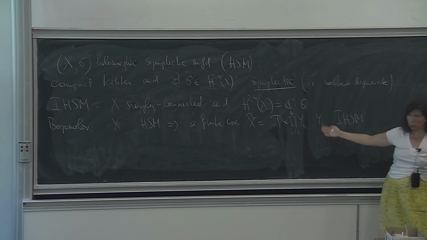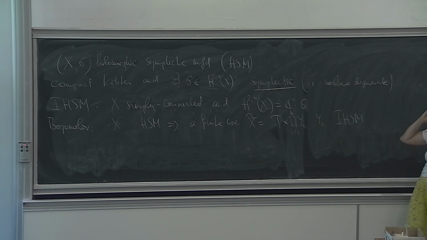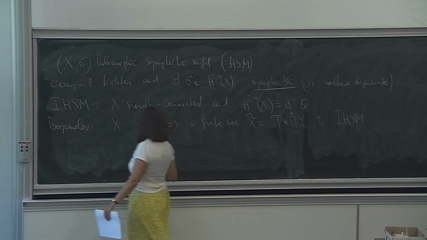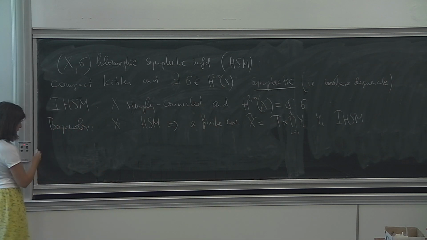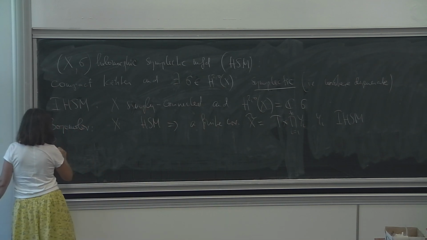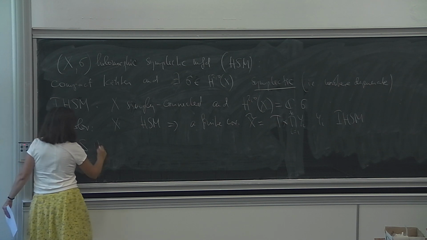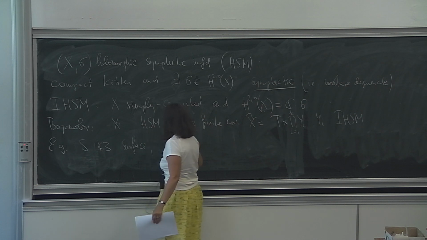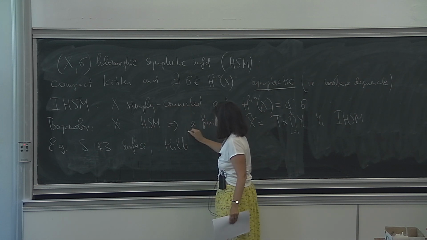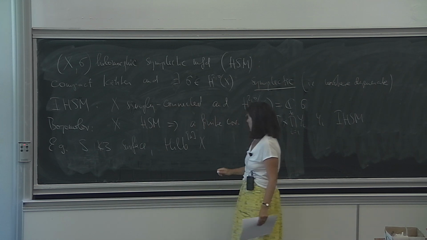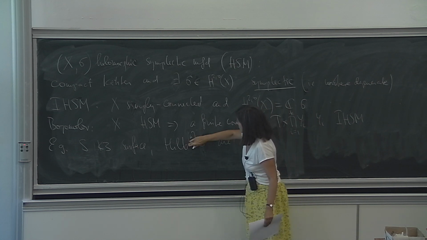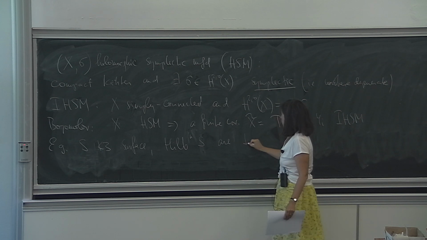An example of an irreducible holomorphic symplectic manifold is a K3 surface, or more generally, Hilbert schemes of points on a K3 surface. Hilb^n of S are IHSM.